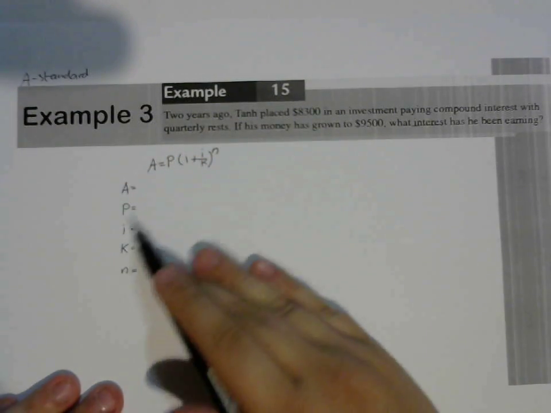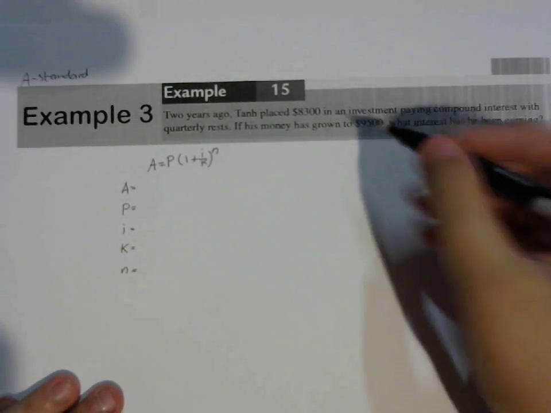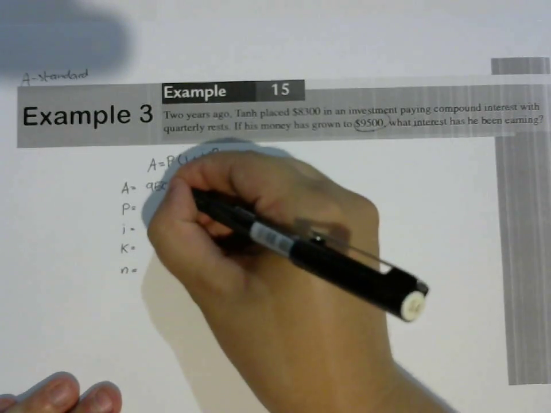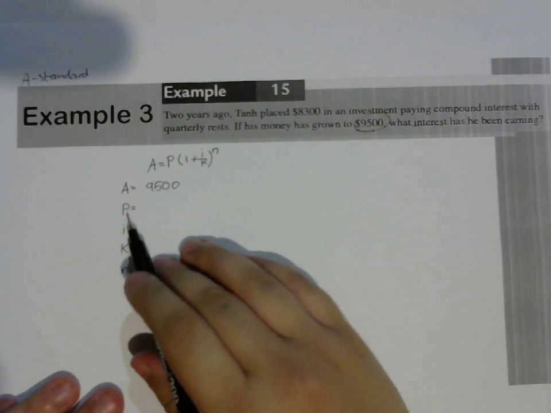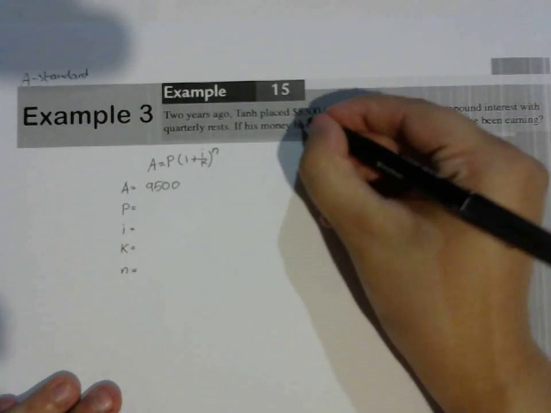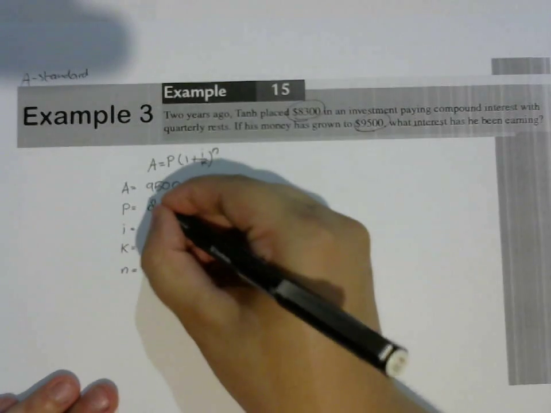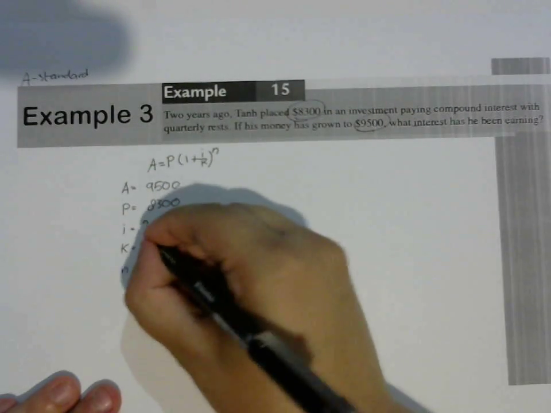The actual amount that we have now after the investment is $9,500. P is the principal, the amount invested or borrowed, and we know that Tan placed $8,300 into an account. I is unknown, we're trying to find that one.